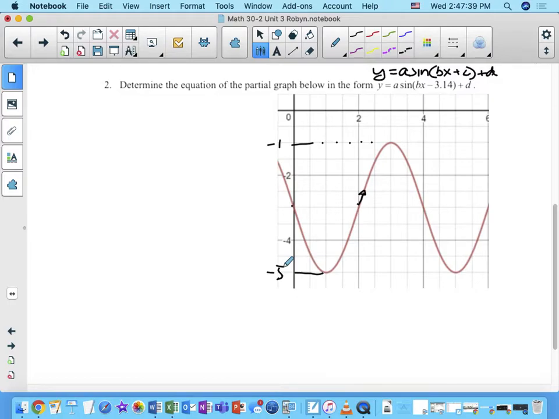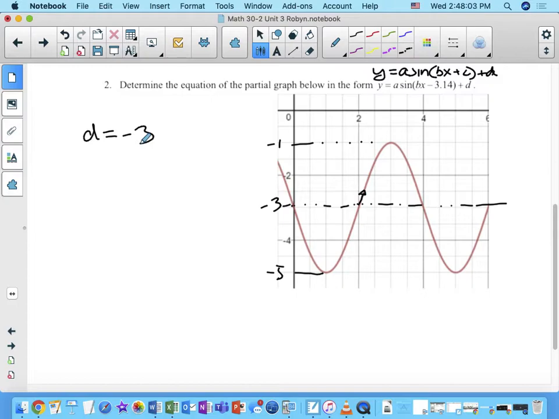I like doing the midline first because then I can get a sense of where the middle of this graph is. Can you tell me where's the middle of -1 and -5? -3. Yeah, so here's the midline. So d equals -3.